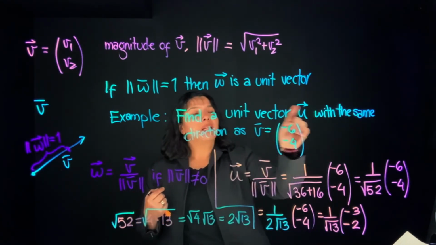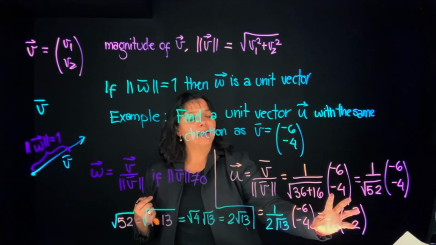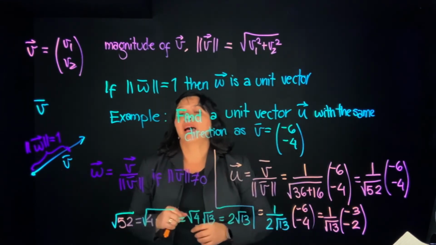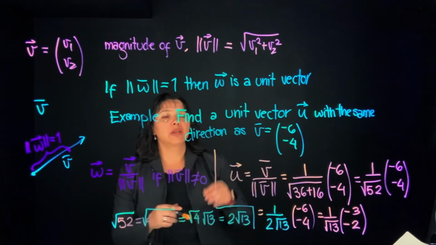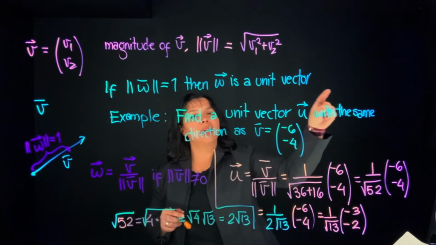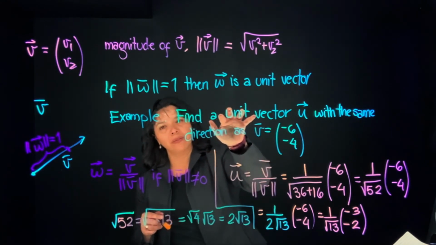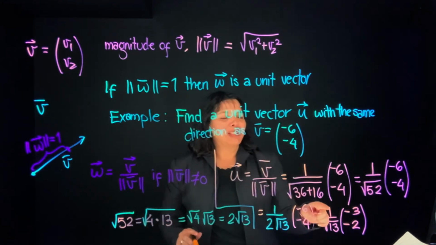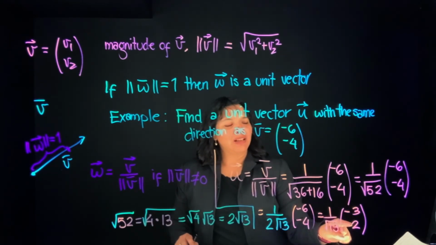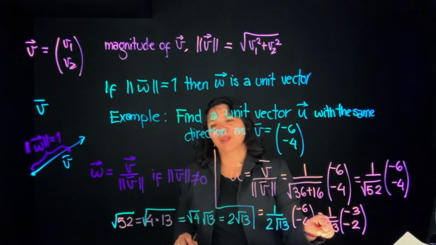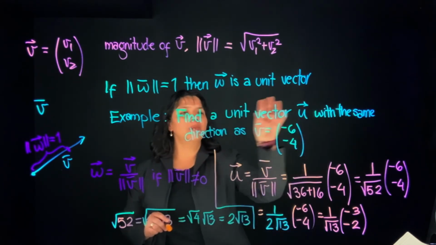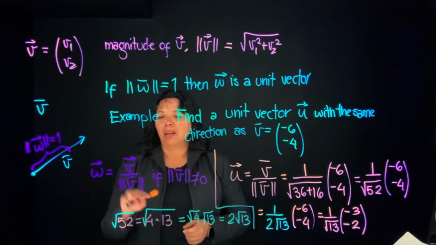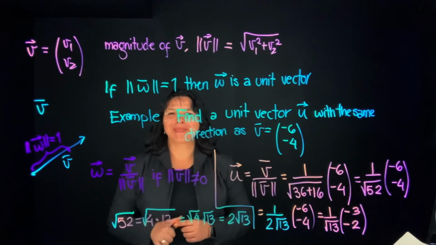But because I want the same direction, I just need to follow this formula as I have it here. And another alternative is that your problem tells you that you want the opposite direction, so a unit vector with opposite direction as your v, and the opposite direction would be just 3, 2 times 1 over square root of 13. So make sure that you pay attention to the wording and the directions. Remember your formulas, and that would be it.